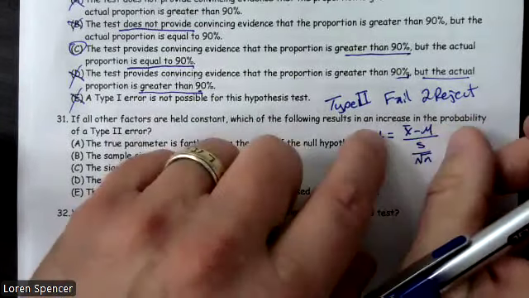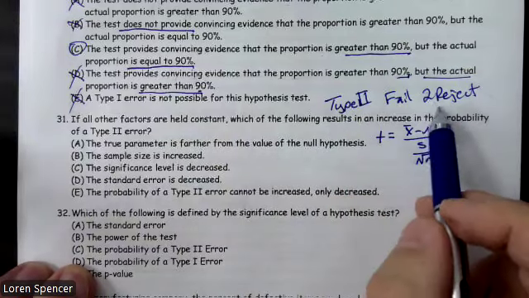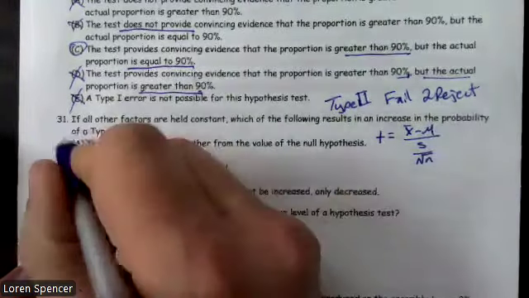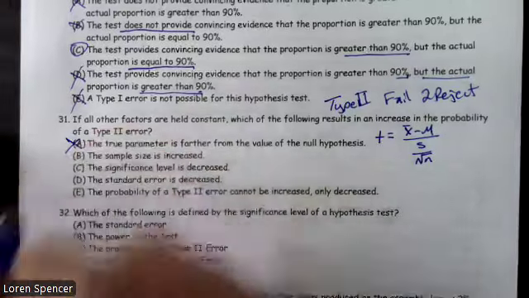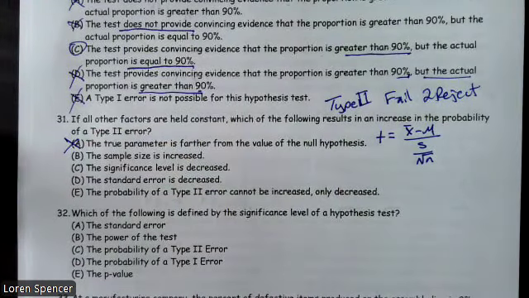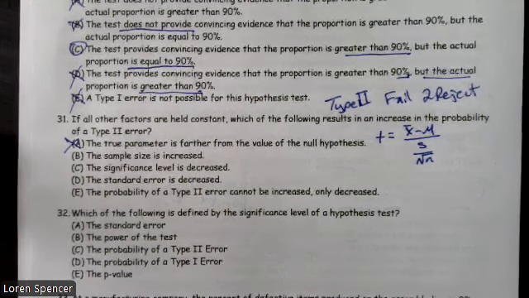So the farther they are, the easier it is to reject, and we need a fail to reject. Making it easier to reject a true null means that we decrease the type 1 error. We actually decrease the type 2 error.